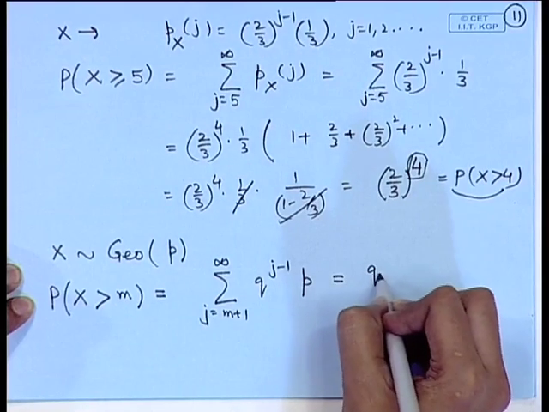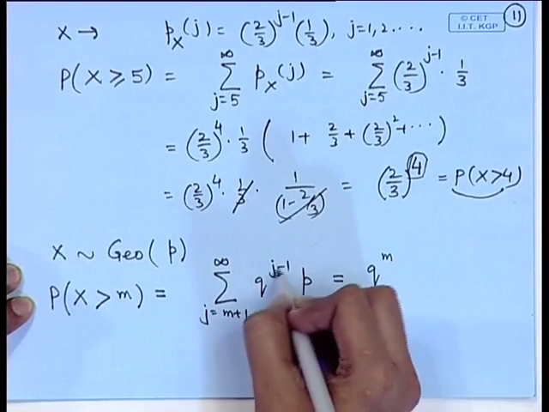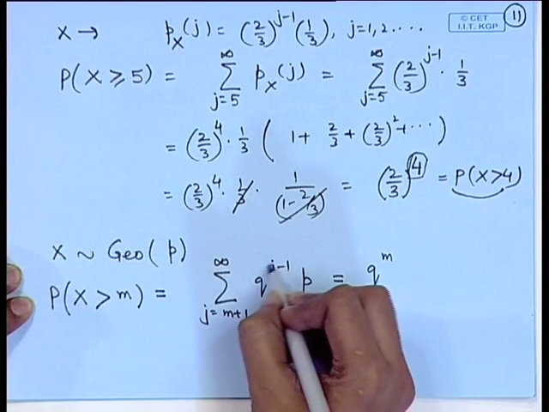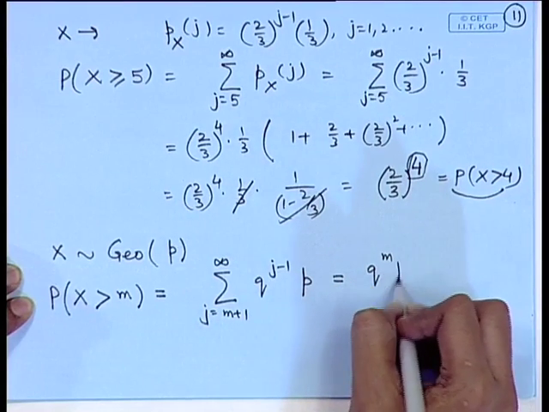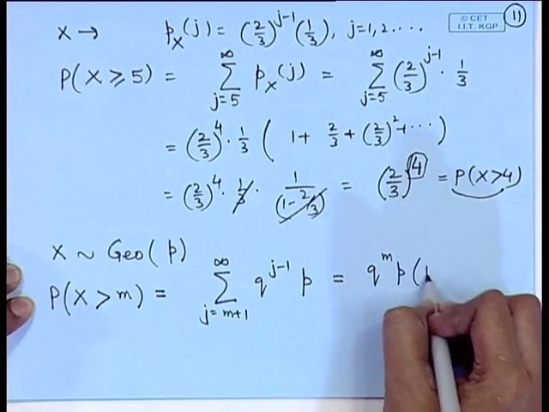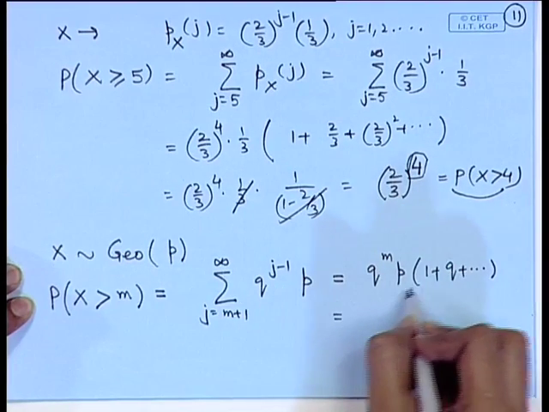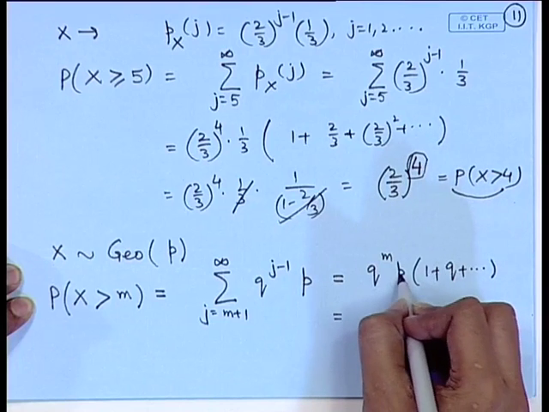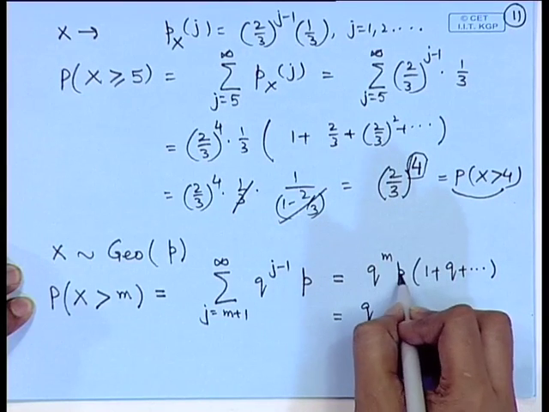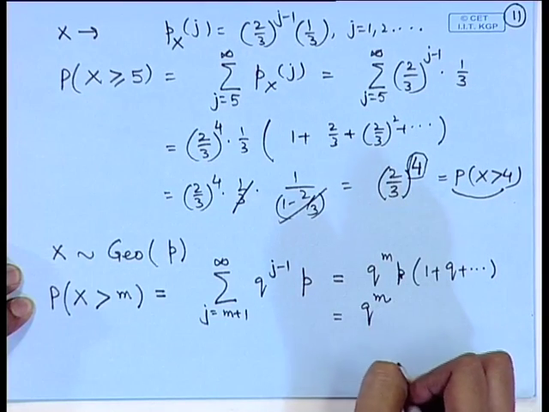So, the first term here will correspond to j equal to m plus 1, that will give us q^m into p, and then we will have an infinite geometric series 1 plus q plus q square etcetera. So, this is 1 by 1 minus q, which cancels with p. So, you will get q^m.